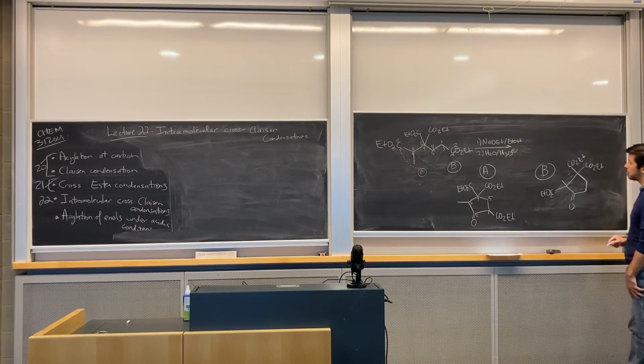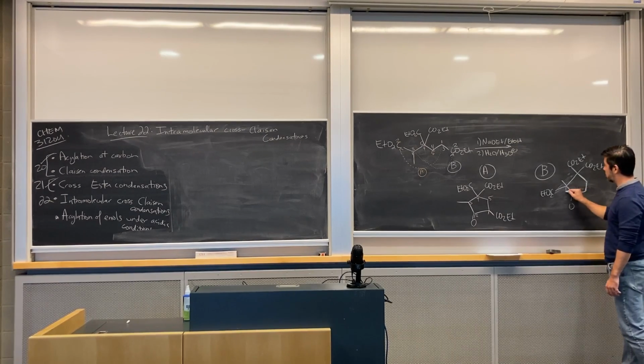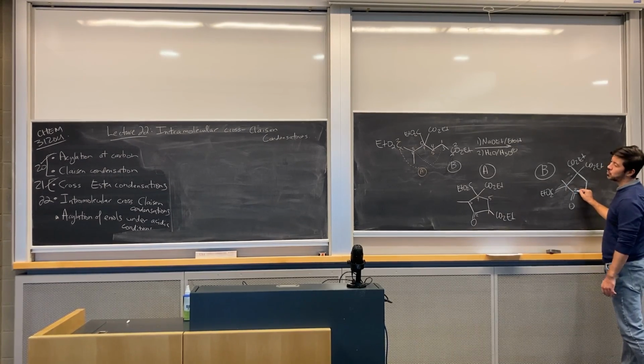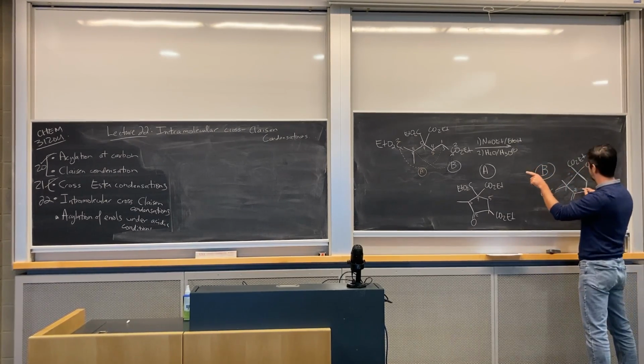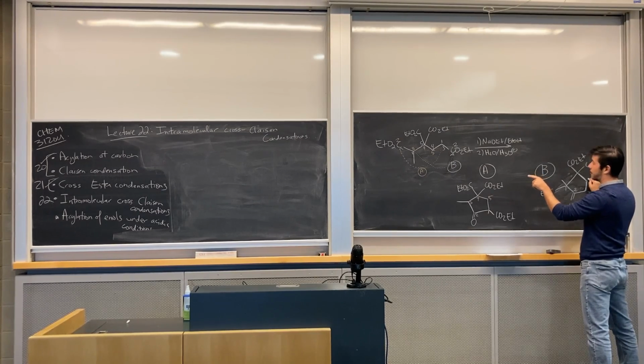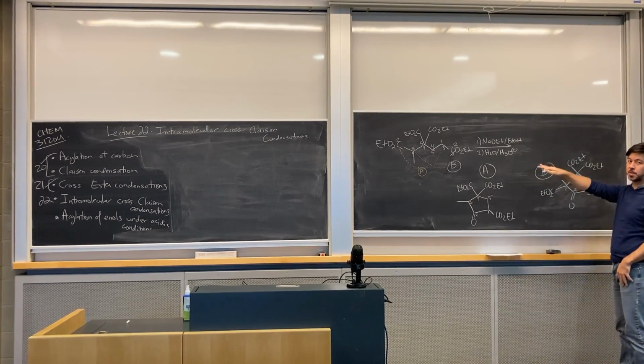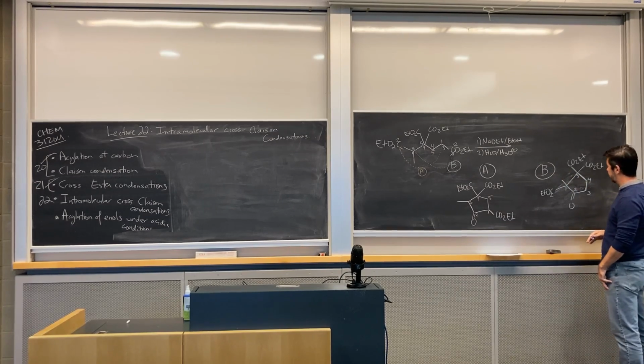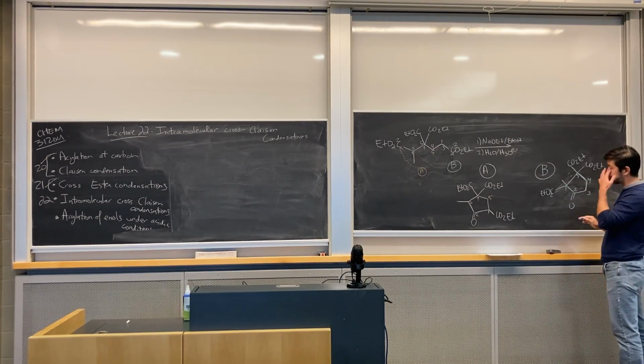Okay, so we also have a 5-membered ring, and if we label the carbons 1, 2, 3, 4, 5, you can see that it matches with the blue numbering that I've used there. Okay, so another 5-membered ring.